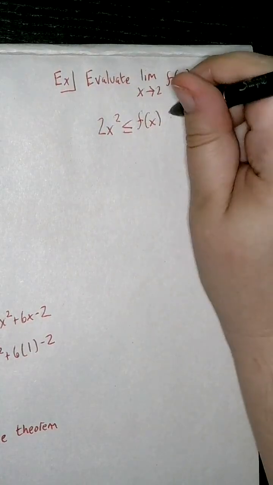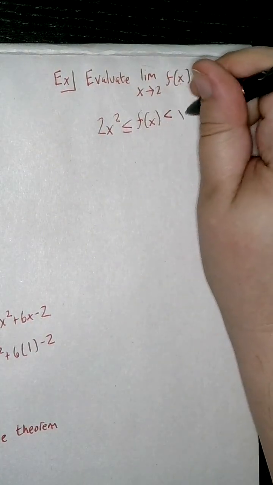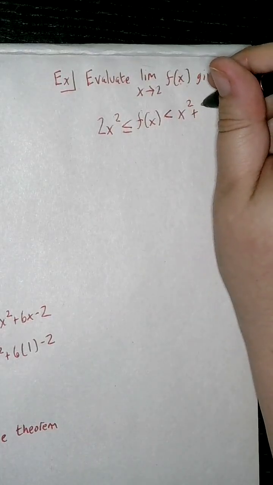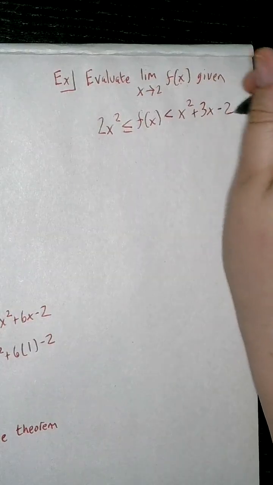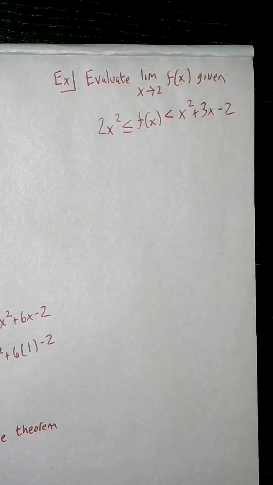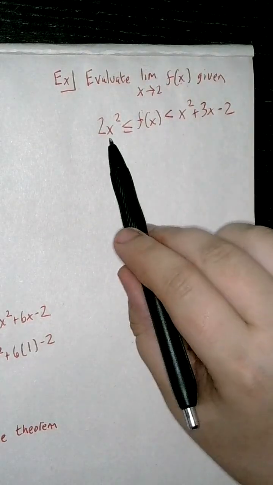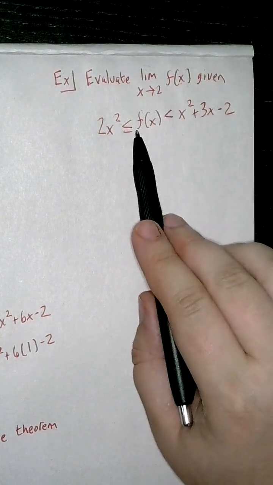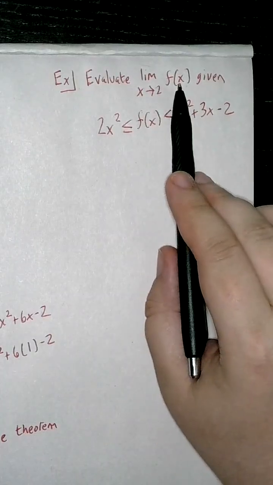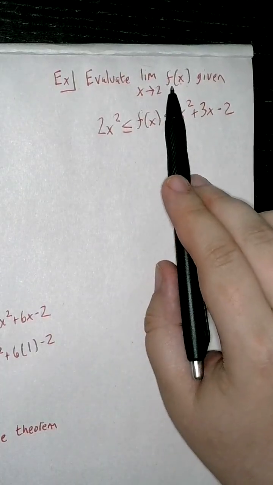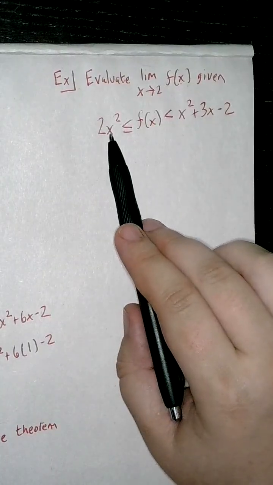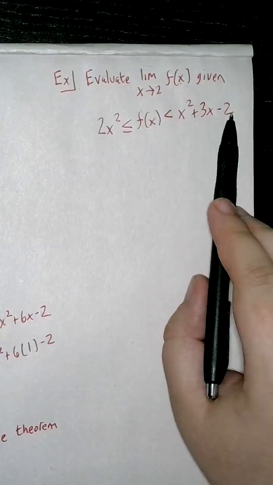I think I got that right. Cool. So given this, I want to find the limit as x approaches 2. This tells me that f of x, whatever it is, I don't know what it is, but all I know is that f of x is going to be in between 2x squared and x squared plus 3x minus 2.